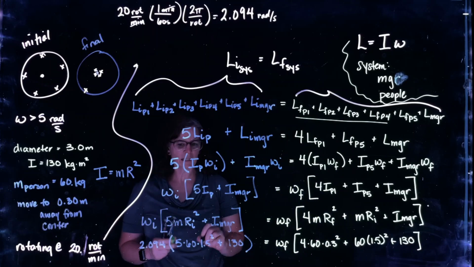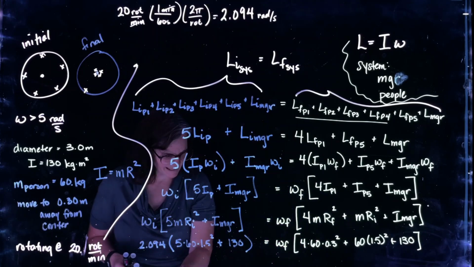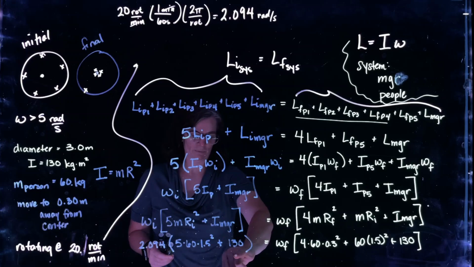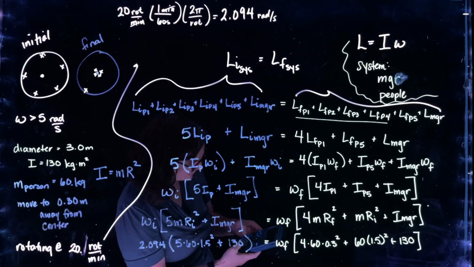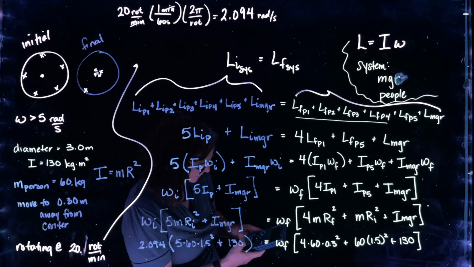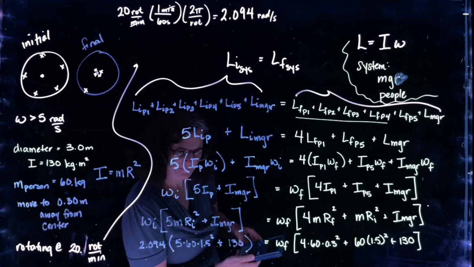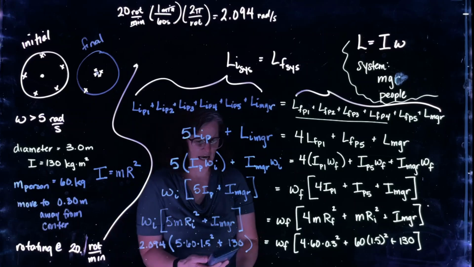I'm getting really tight to the end. So as I get really tight to the end, I guess I should just do it. So we all do it together. So we have 5 times 60 times 1.5 squared plus 130 is 805.